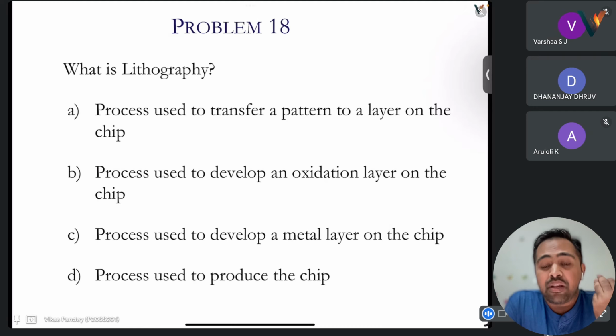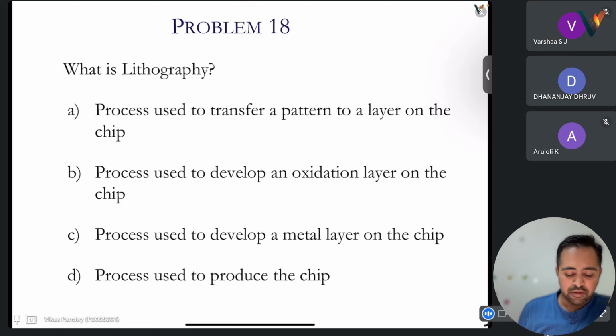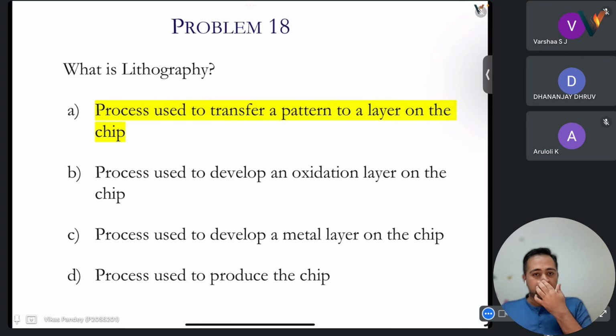It can even be an oxidation layer, it can be a metal layer, it can be anything. If we are patterning, we can use lithography. So we cannot say that it is an oxidation layer or anything. It is a very general process and a very important process. I am repeating this again and again because you will find lithography a lot.